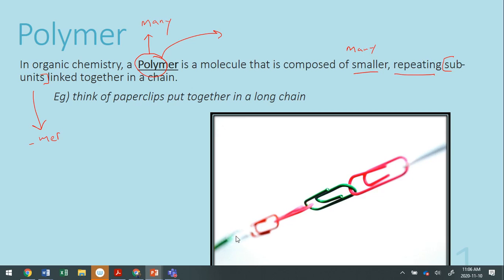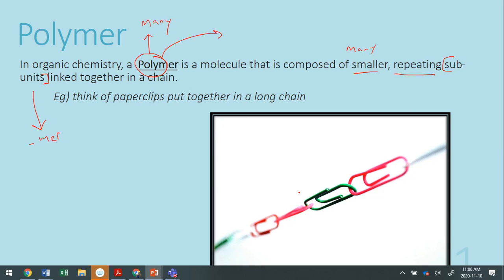So when I think of a polymer, I think of a paperclip chain. One paperclip is a monomer. Mono means what? One. One mer, a monomer, would be one paperclip. If I put 10 paper clips together in a big long chain, I now have a polymer of paper clips.